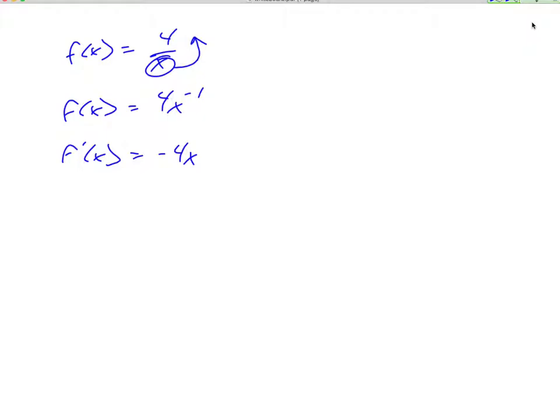Negative 1 minus 1 is negative 2. Then we want to take it back down to the bottom, and I get negative 4 over x squared. What Kurt said works as well, but I wanted to show you what you're doing technically to get that answer. So the easiest, most consistent thing is to move it up, take the derivative, move it back down.